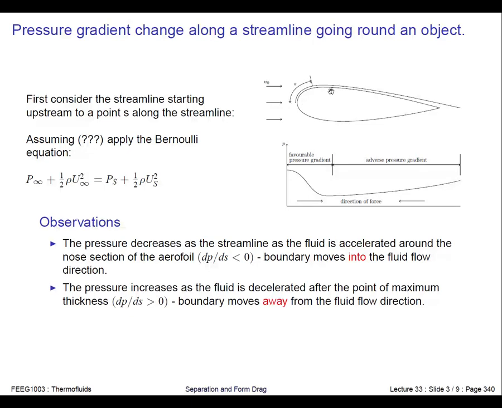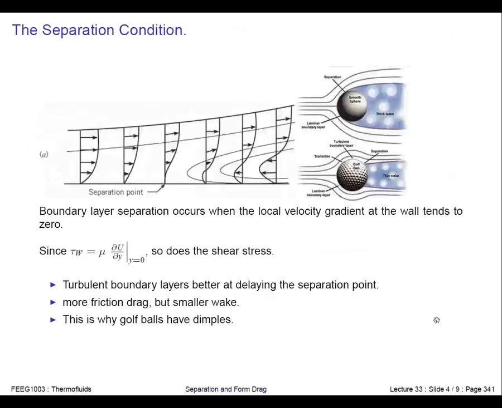But here, effectively, there's a force trying to push the fluid in the opposite direction to the one it wants to go. This can cause instability, and it's this region that can cause separation. This is why if you're going to design an aerofoil, you have to think very carefully about where it will separate.